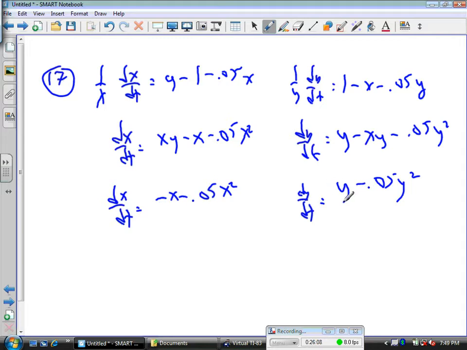Here, sometimes it's positive. This could be logistic growth while this is logistic decay. So this will die out over time, won't it? If there's no y's, they're going to die out. If there's no x's, you could have logistic growth or decay depending on initial conditions. So this population needs the y's to survive, doesn't it?